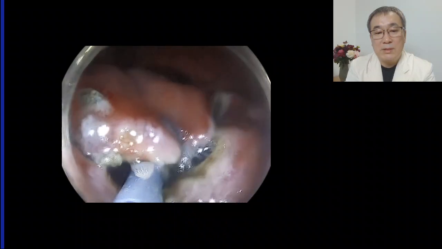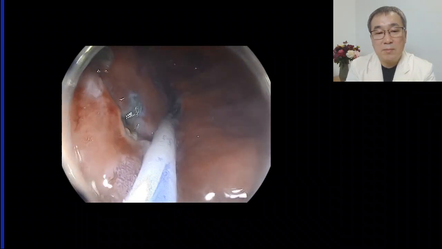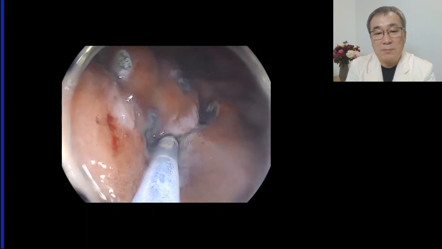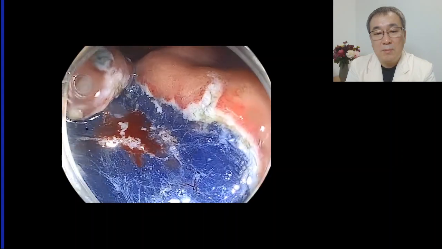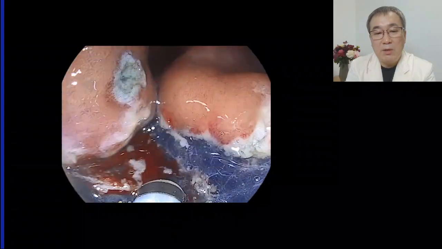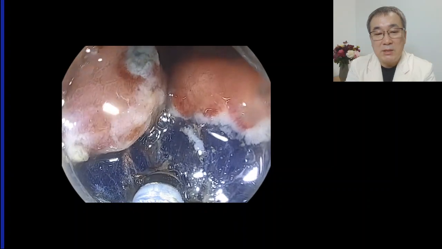So submucosal dissection is done like this. You can use the hooking mechanism. When there is bleeding, you can immediately control the bleeding like this.